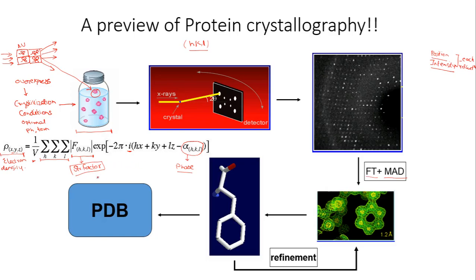This is how you solve it: by separately performing experiments like MIR, MAD, or molecular replacement, you obtain the phase information, complete your Fourier transform expression and obtain the electron density map.